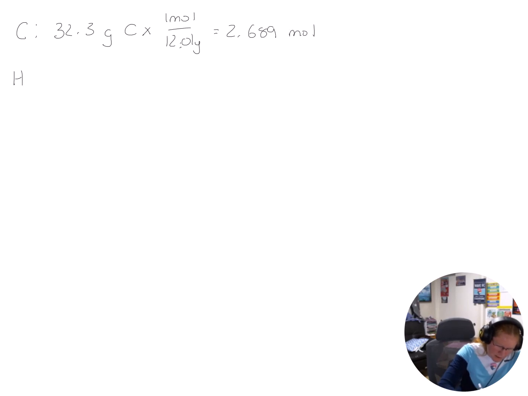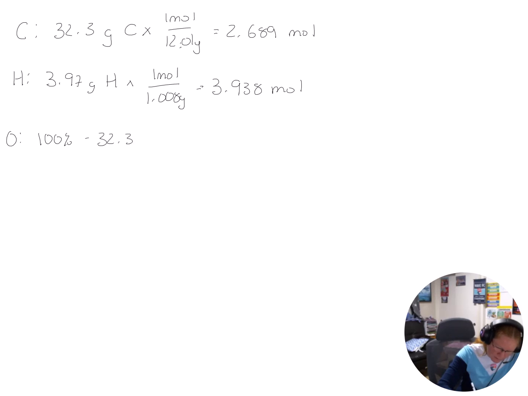Hydrogen was 3.97 grams times 1 mole over 1.008 grams, 3.938. Oxygen was the rest, so I do 100% minus 32.3% minus 3.97%, which gives me 63.73%.